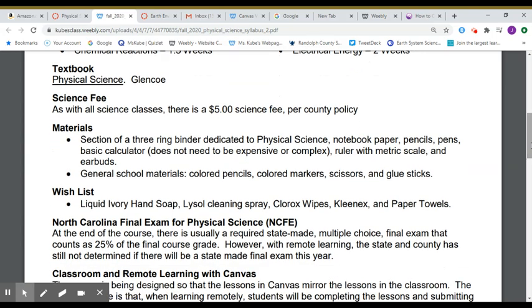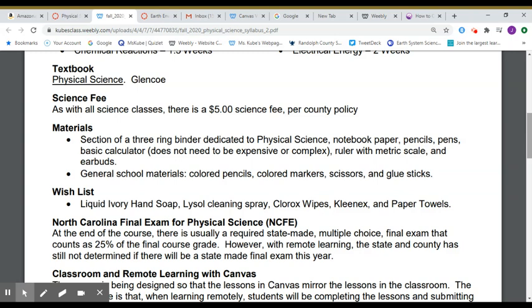Okay, so materials needed, you just need a section of a 3-ring binder, or you can have your own separate binder for physical science, but you need something to keep the handouts in. Notebook paper, pencils, pens. You need a basic calculator. In the physics portion, we'll be doing some math calculations. It doesn't need to be a complex calculator at all. It doesn't need to be like the ones from math.